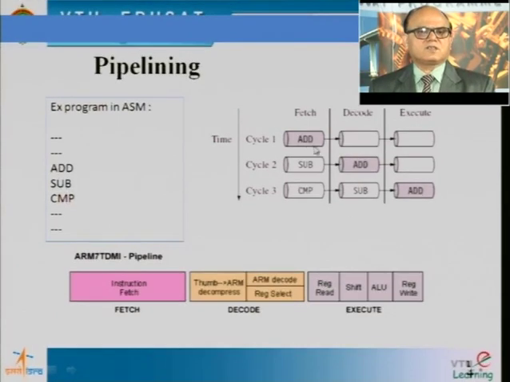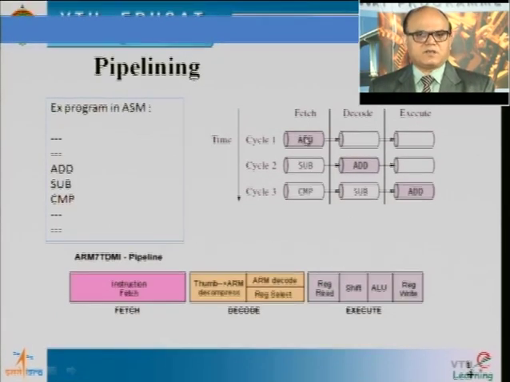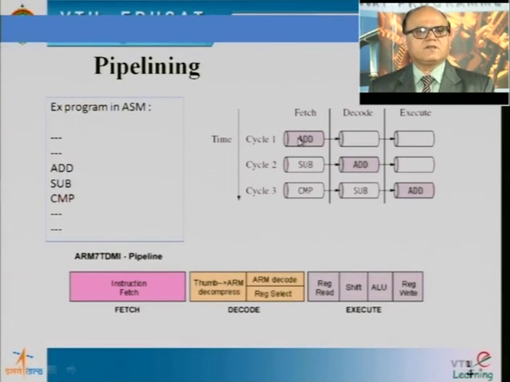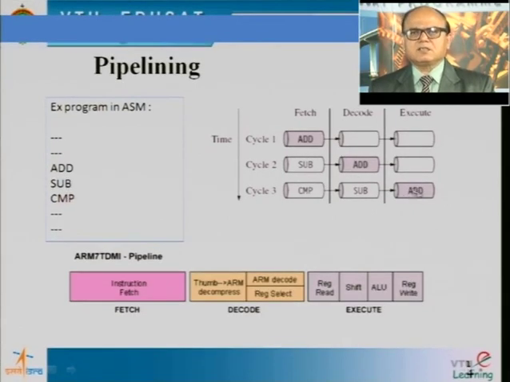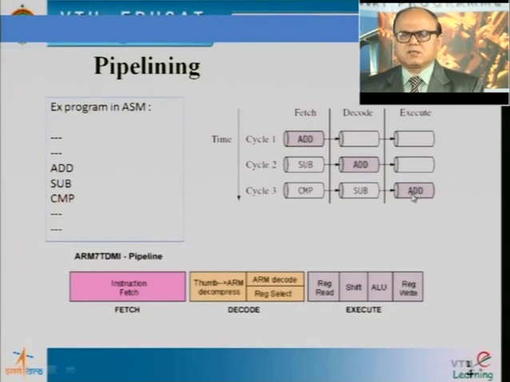That means first the instruction is fetched, and then it gets decoded in the next cycle. In the first cycle the add instruction is fetched. In the next cycle the add instruction is decoded, and in the last cycle the add instruction is executed, the addition is performed, and then the results are written back.